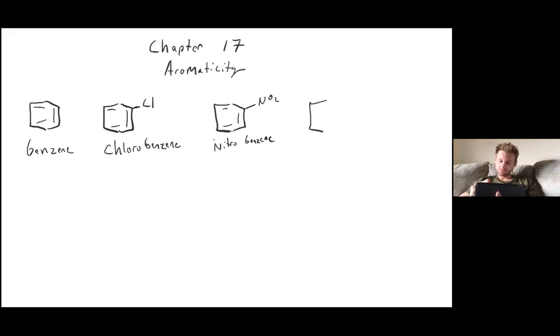So for instance, 2 carbons here, we just call this ethylbenzene. All right. If we just have 1 carbon, this is referred to as toluene.